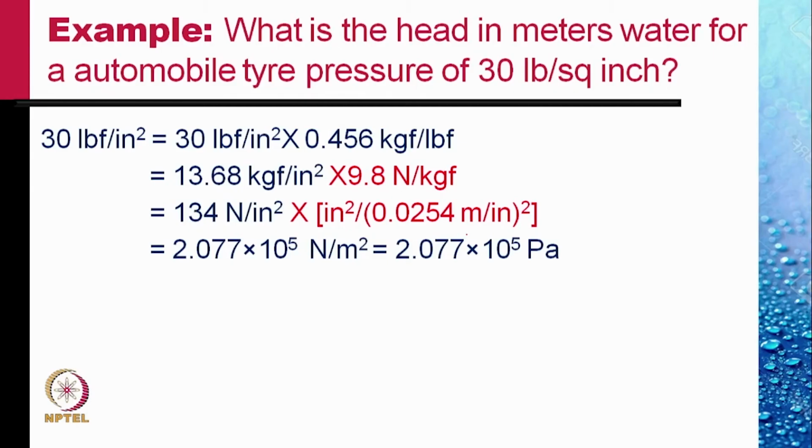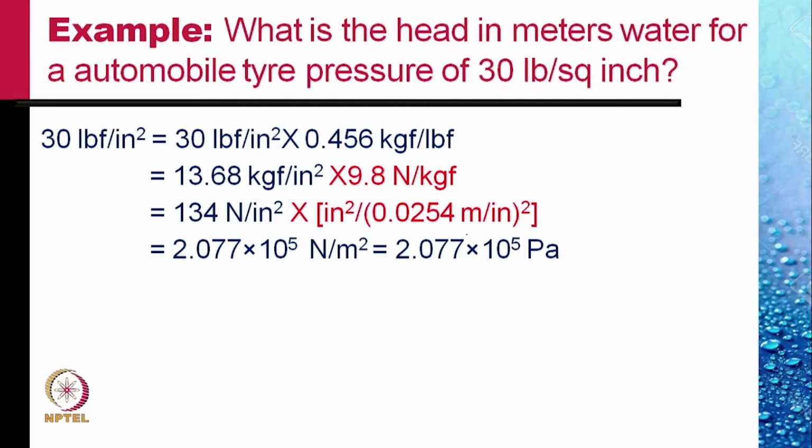We want to change kilogram force into Newton, so we multiply this by 9.8 Newton per kilogram force to get 134 Newtons per inch square. And to convert per inch square into per meter square, we multiply this by inch square divided by 0.0254 meter per inch whole square.